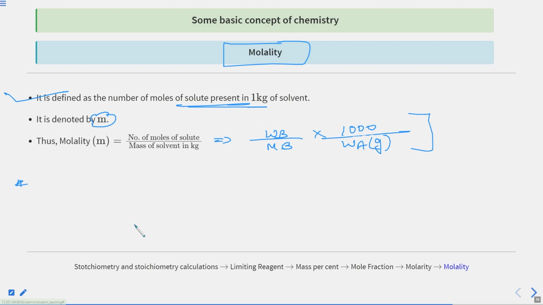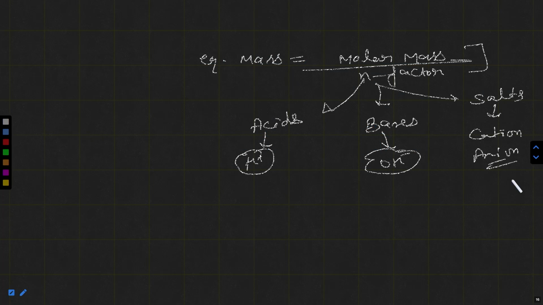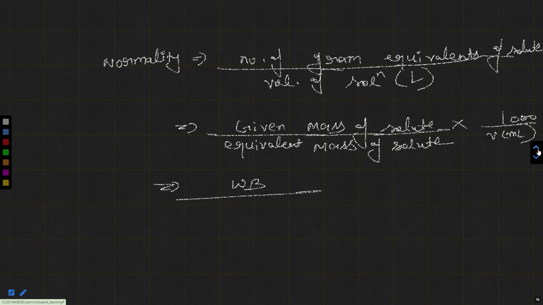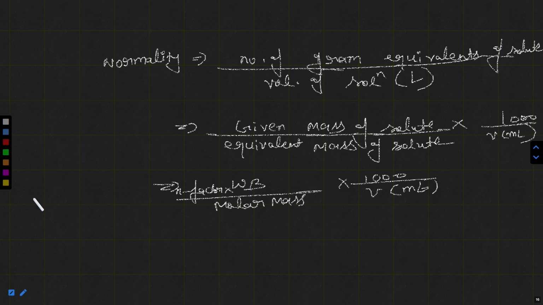So if you will put the term here, molar mass upon n factor, so n factor goes above, n factor multiply 1000 and volume in milliliter. So what can you do here?